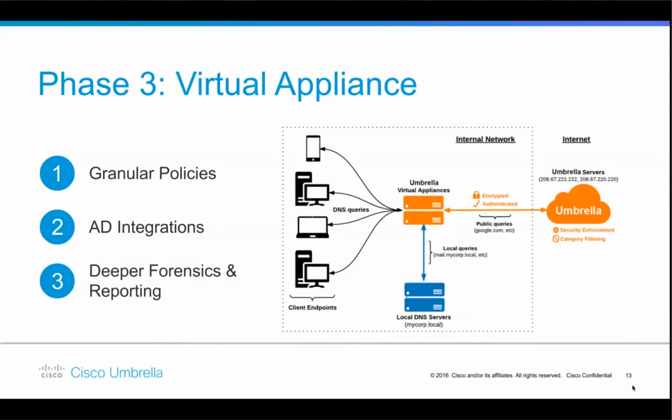It runs on VMware or Hyper-V, and basically you route all of your DNS traffic to the appliance, and the appliance already knows: is this an internal domain or is this external? If it's internal, go to the internal DNS server. If it's external, go to Umbrella. So it does all of that for you.